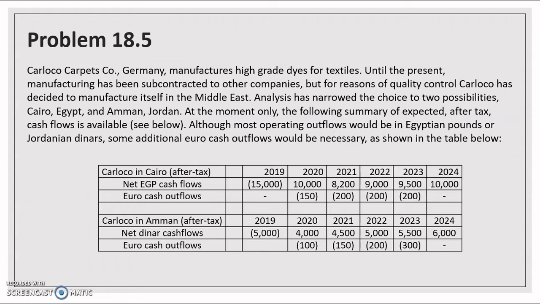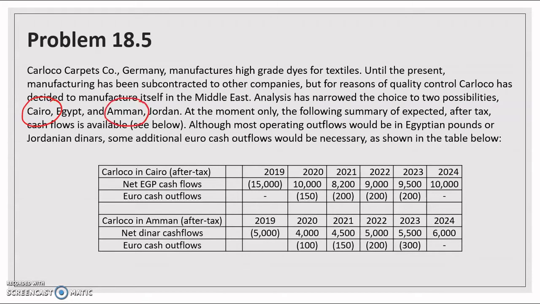Now, after having analyzed options with regard to the subcontracting agreements, they've shortlisted two possible locations. Okay, so the first location is Cairo in Egypt, and the second one is Amman in Jordan.